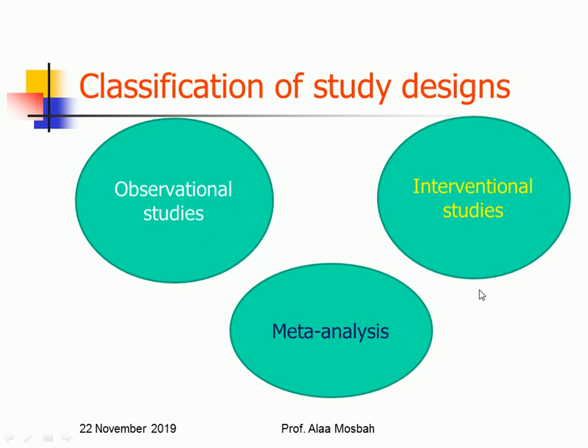In an interventional study, the doctor interferes by giving a certain group a certain drug or doing a certain operation, and another operation for the other group, or a certain drug for one group and another drug or placebo for the other group. So this is intervention.